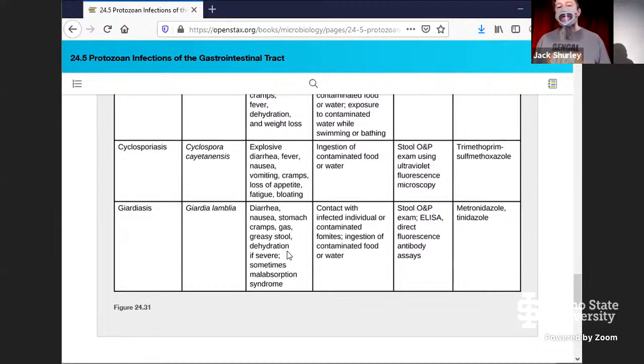I don't know why intro micro always, they don't change. They change all sorts of different names in a new edition, but Giardia changed their name a decade ago, and we still talk about Giardia lamblia in here. That's fine. I guess it hurts my feelings a little bit, all right? But it's okay.